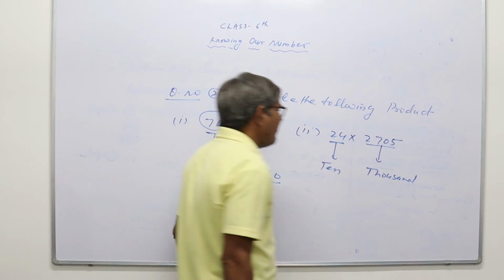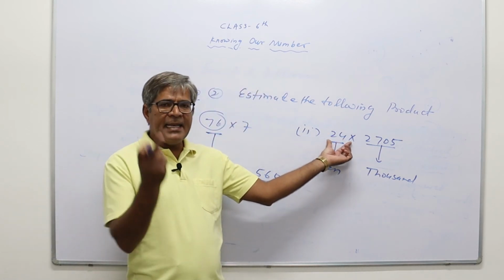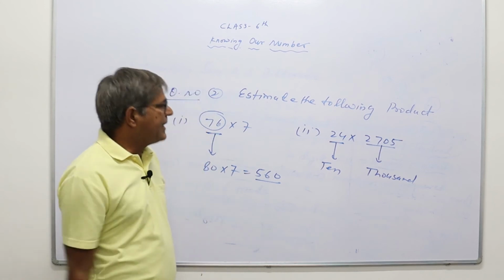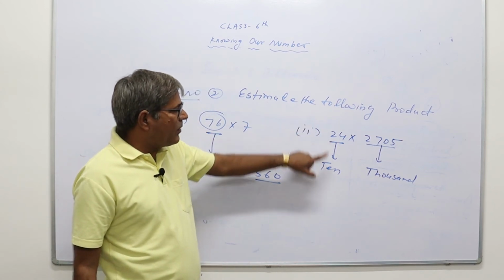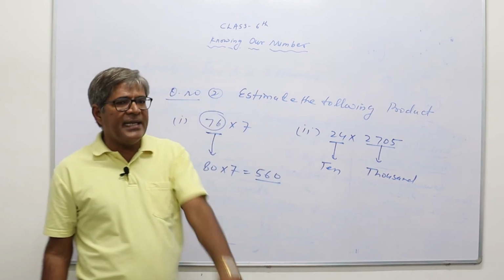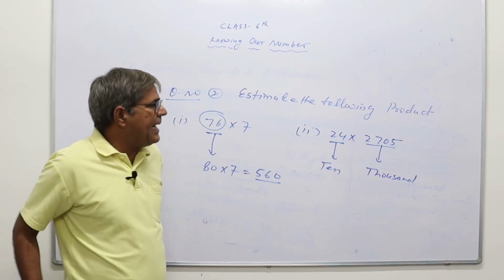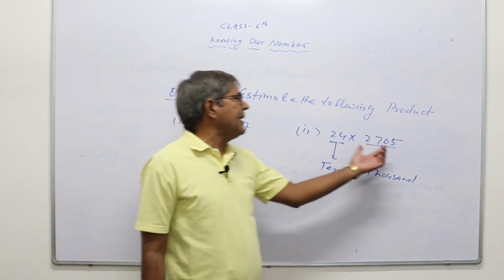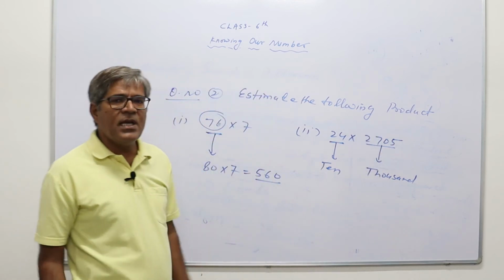Recall the general working rule. If any given number contains 2 digits, then we will estimate it to nearest 10. If the given number contains 3 digits, then we will estimate to nearest 100, and if the given number contains 4 digits, then we will estimate to nearest 1000.